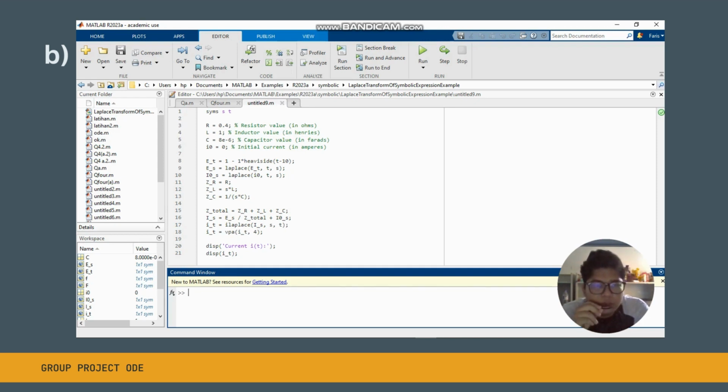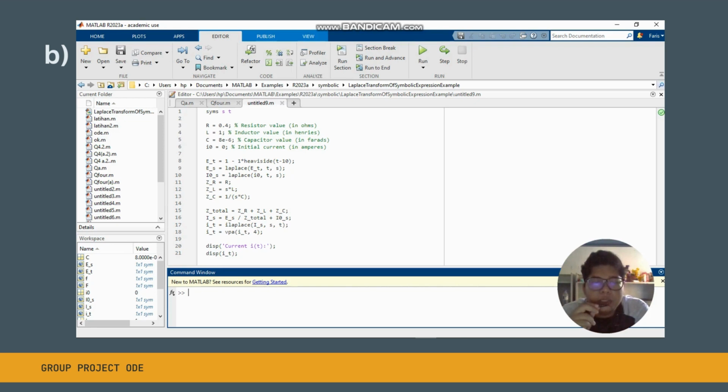But in MATLAB, we write the value of the capacitor as 8 e to the power of negative 6, and the initial current equal to 0, and E(t) equal to 1 minus 1 heaviside(t minus 10), and for E(s) we take the Laplace of the function of t, E(t), and s.